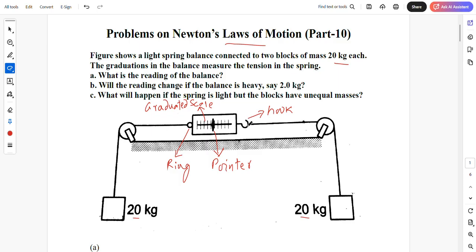Whichever is connected to the hook, that is measured by the spring balance. The tension in this string will be T1. If we call this T1, and this T2.